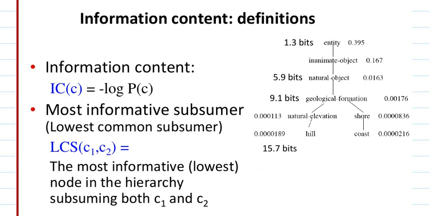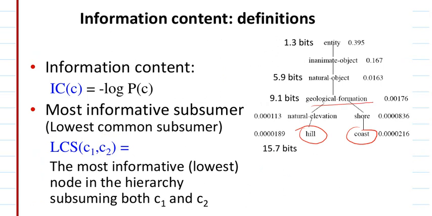So which is the lowest common subsumer? This is another concept that will be the lowest of the common subsumers of the two concepts. For example, the lowest common subsumer of hill and coast is geological formation.